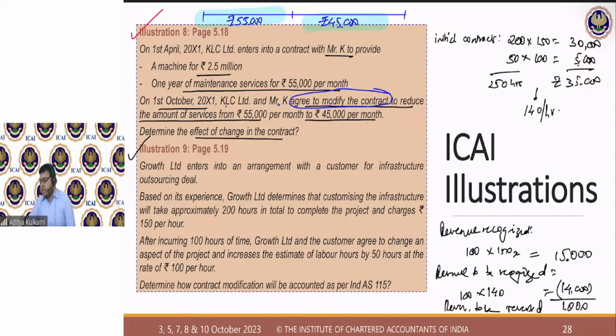Okay. Sir, what if, see, modification is there. But the modification in this tenure means that some goods or services are being provided in this tenure.